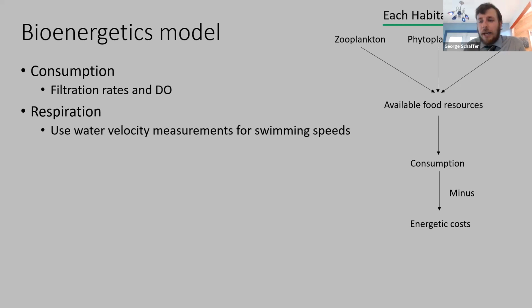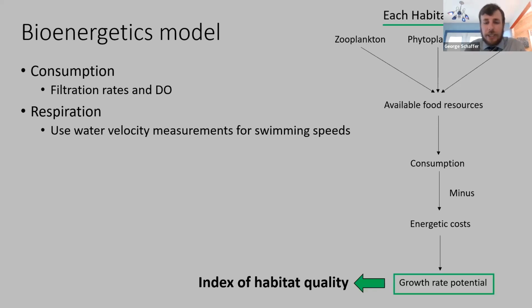So through consumption minus energetic cost, we got growth rate potential, which we used as an index for habitat quality. If the growth rate potential was positive, we considered that to be high quality habitat, whereas if the growth rate potential was negative, we considered that to be poor quality habitat.